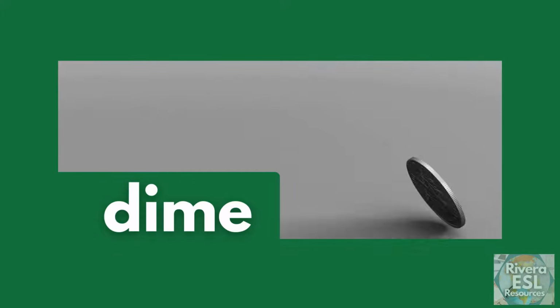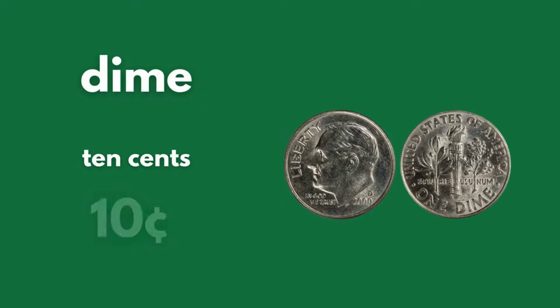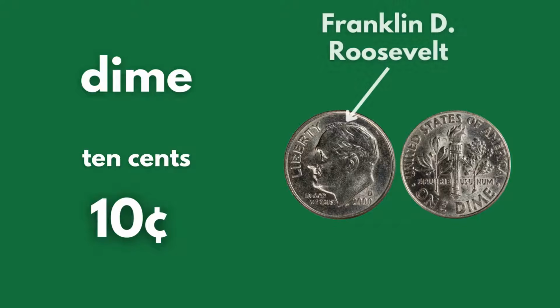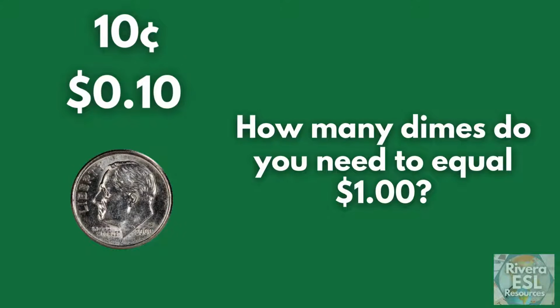Dime. A dime is worth 10 cents. The dime has President Franklin D. Roosevelt on one side and a torch on the other side. If a dime is worth 10 cents, how many dimes do you need to equal $1?